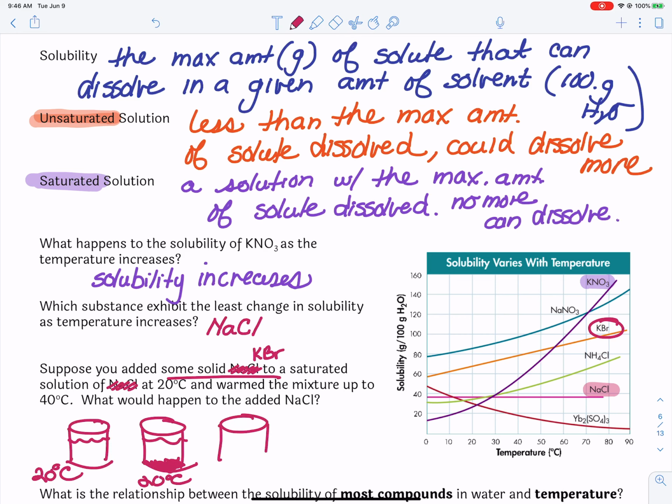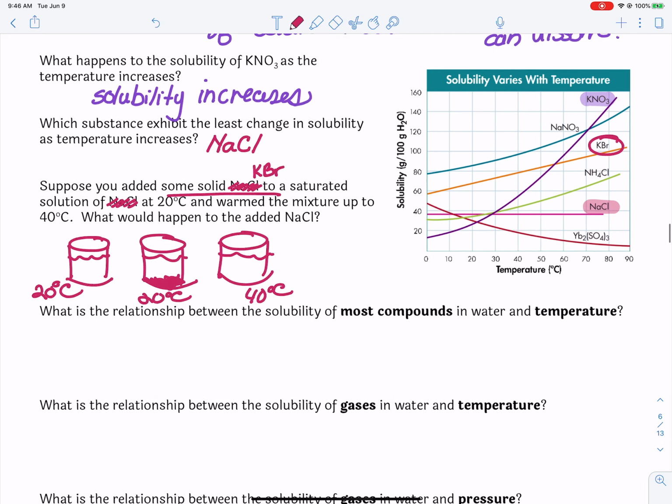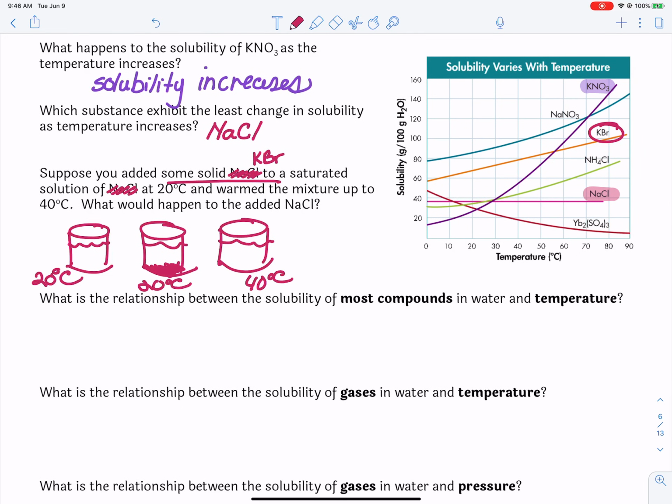Then what would happen when I increase the temperature to 40 degrees Celsius? I would see that the additional solid that I added would dissolve because the solubility is greater at 40 degrees Celsius than 20 degrees Celsius. So this is really summing it all up here. What is the relationship between the solubility of most compounds in water and temperature?